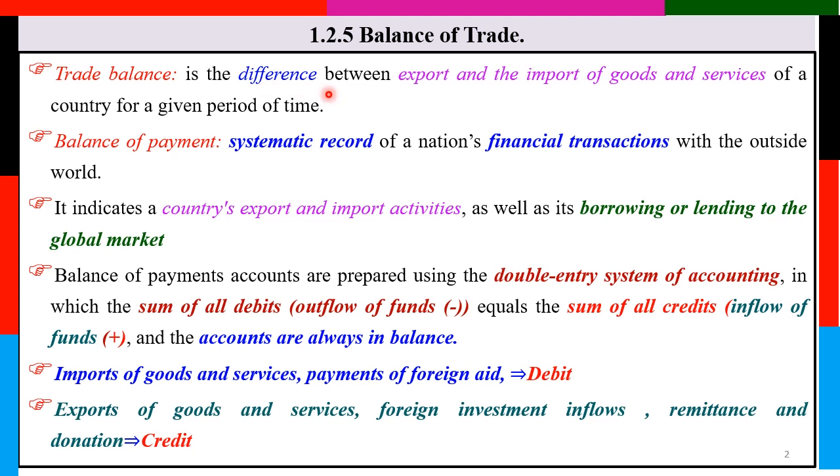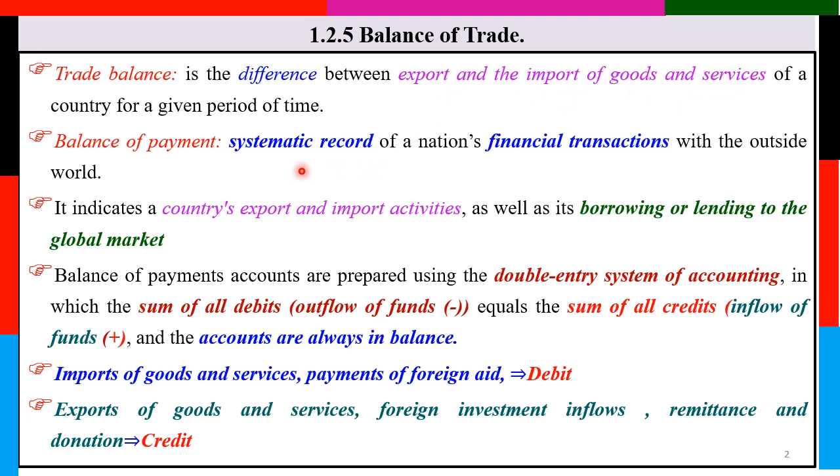Trade balance is the difference between the export and import of goods and services of a country for a given period of time. Balance of payment is a systematic record of a nation's financial transactions with the outside world. So trade balance means the difference between the amount of export and the amount of import of goods and services.